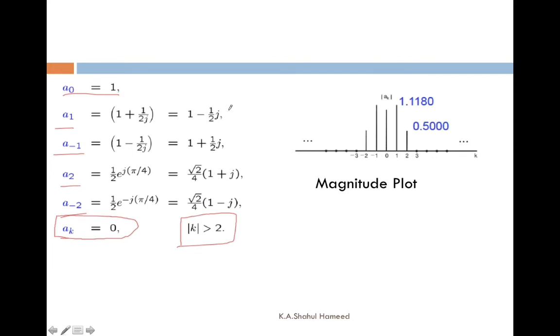Now we have to plot this. So we have to find out the magnitude of all these coefficients and plot it. We have to consider x-axis k and y-axis magnitude and plot it. For example, magnitude of a naught is 1, so this coefficient is 1, and for magnitude of a1, you can easily find the square root of real part square plus imaginary part square.